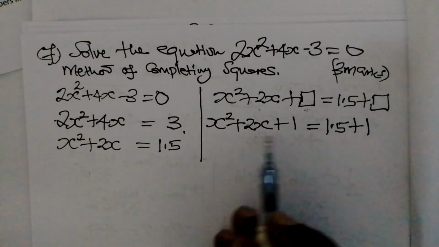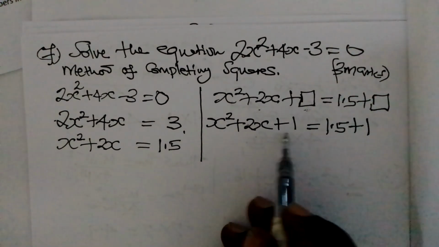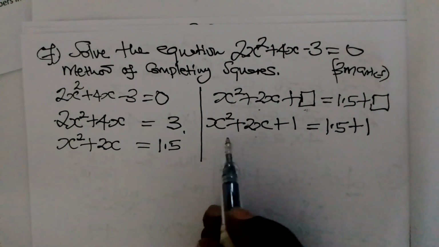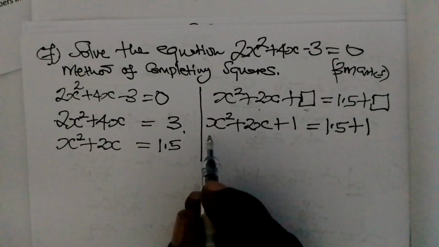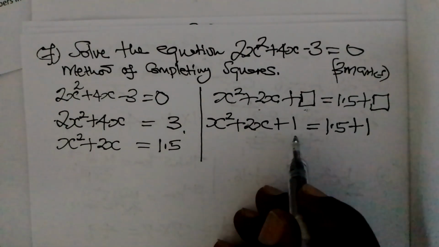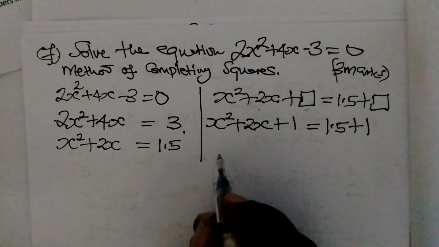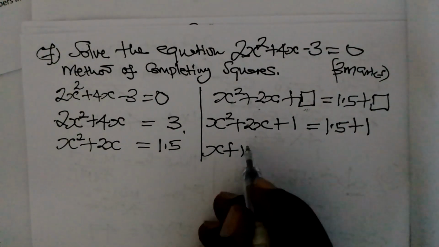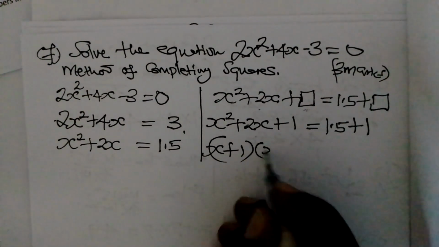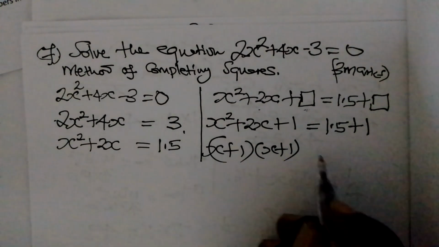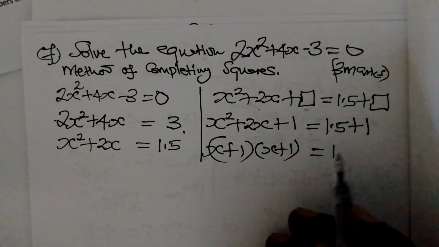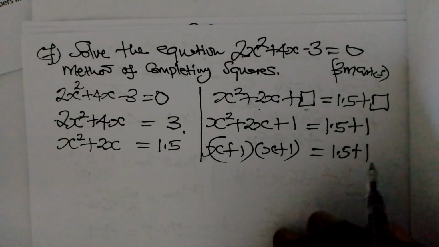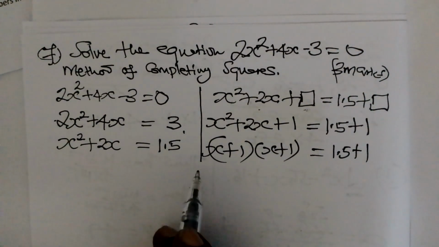At this particular point, we are going to factorize this expression, which now is a perfect square, and the factors of x squared plus 2x plus 1 will be given by x plus 1 multiplied by x plus 1 to be equal to 1.5 plus 1, which will give you 2.5.